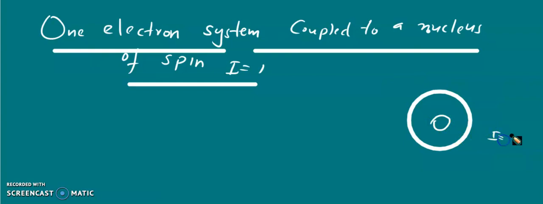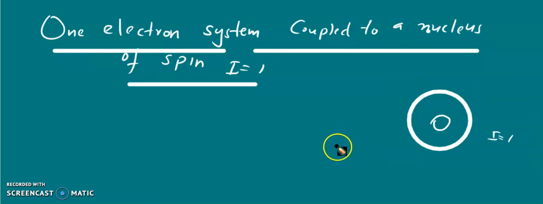So deuteron, the nucleus of deuterium, which is an isotope of hydrogen, contains 1 neutron and 1 proton. So it has a spin I equal to 1, and in the atom there is only 1 electron.